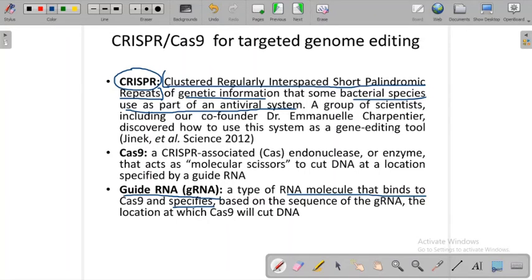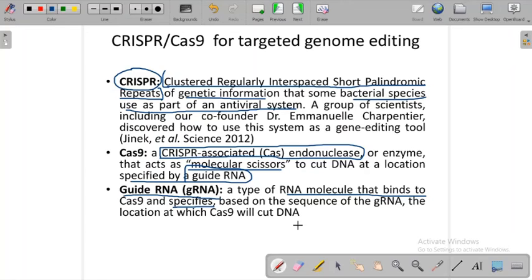So Cas9 is the CRISPR associated endonuclease molecule. It is the endonuclease that cleaves that molecule. So Cas9, the CRISPR associated endonuclease or enzyme, acts as a molecular scissor to cut DNA at the location specified by the guide RNA. So bacteria store these RNA fragments, which were cleaved earlier because of their defensive mechanism.